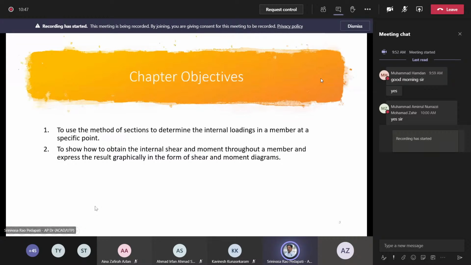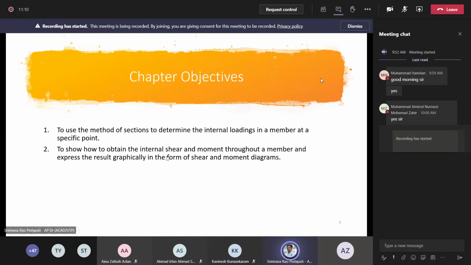The objective for this chapter is to use the method of sections to determine the internal loadings at a point. This was already practiced in the last class, and I think you are able to do that by this time.